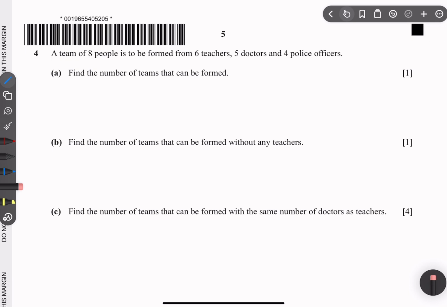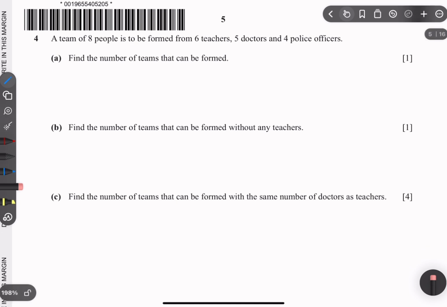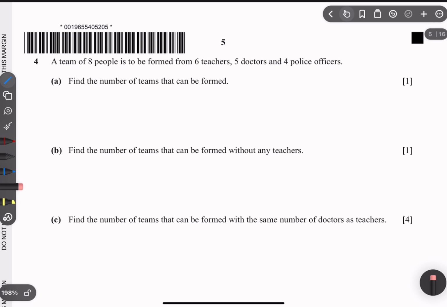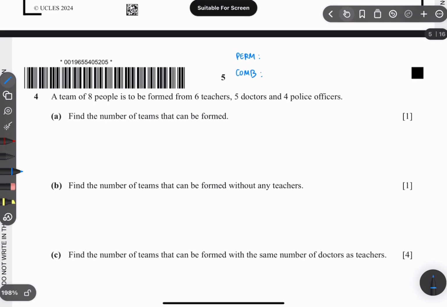Okay, so question 4. A team of 8 people is to be formed from 6 teachers, 5 doctors, and 4 police officers. Part A, find the number of teams that can be formed. So this question is about permutations and combinations. For permutation, the arrangement matters.